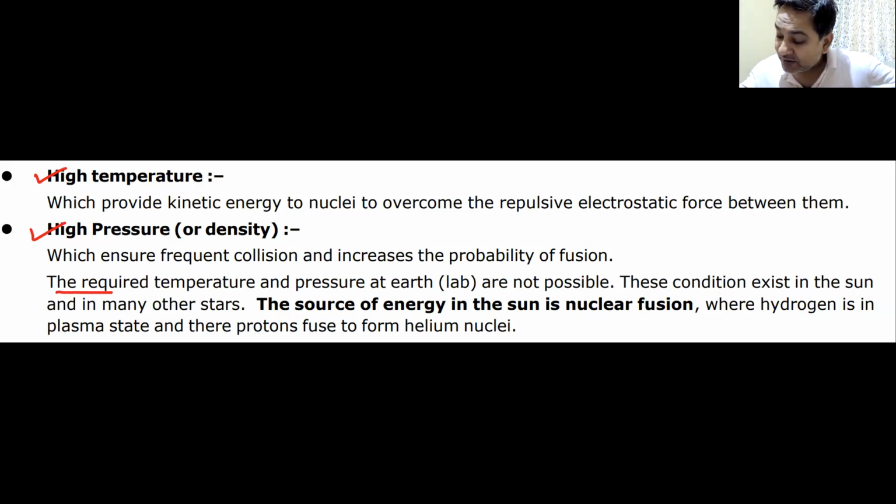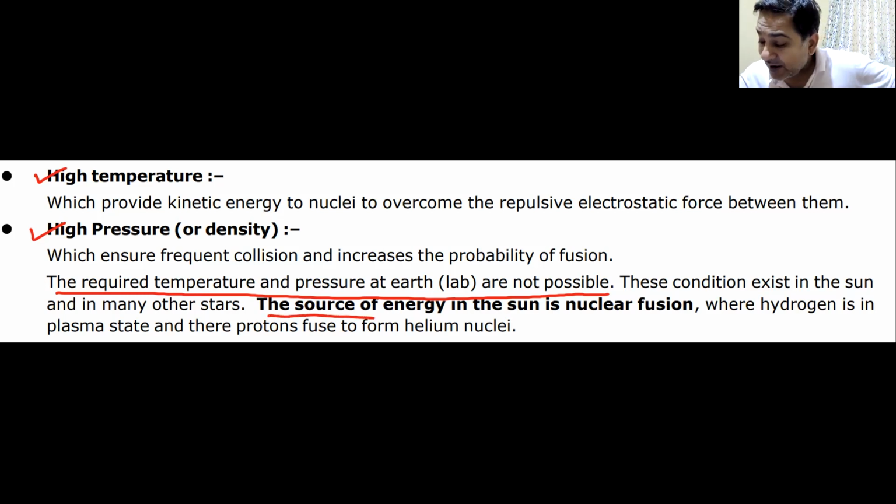The required temperature and pressure on earth are not possible, and that is a problem. We are not able to create those conditions in a lab, in a factory, in an industry. We are not able to create that much high temperature and pressure to make a fusion reaction possible. Obviously, we are working on it. Probably one day we'll be able to do it.